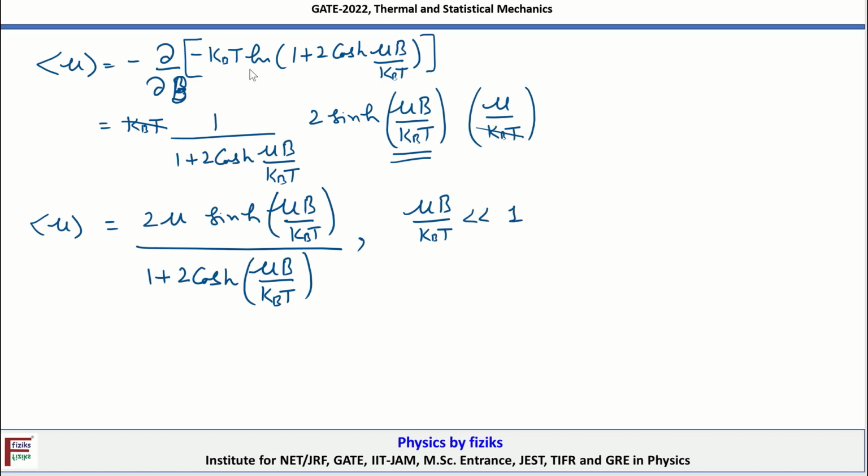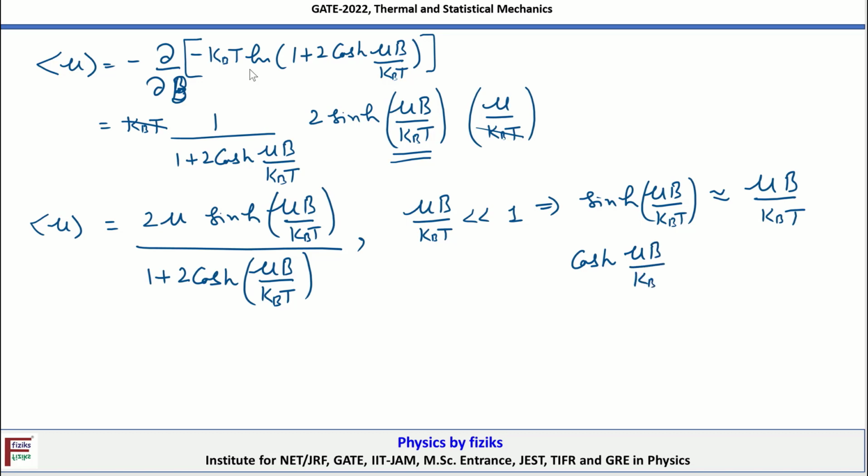So in this approximation we can approximate sinh of mu B upon kB T as mu B upon kB T, because when the argument is very small, the sinh of that function is almost equal to the argument. And in the same approximation we can approximate cosh of mu B upon kB T as unity.